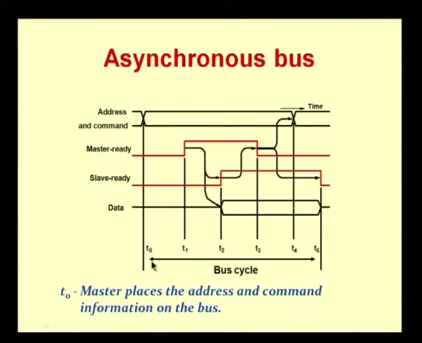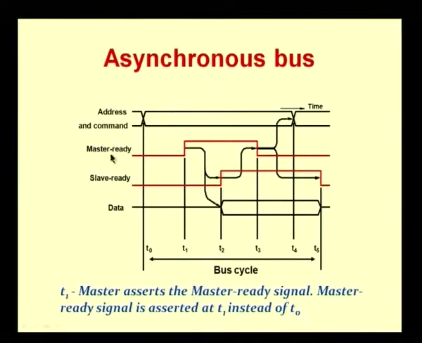The first thing that will happen is that the master will first place the address and command information on the bus. You can see that is happening at time t naught, let us say. At time t naught, the address and command are placed on the bus. Once it does that, the next step is the assertion of the master ready signal by the master.